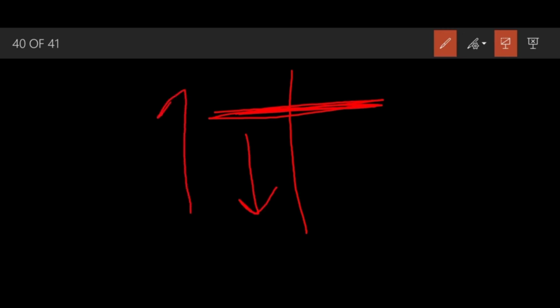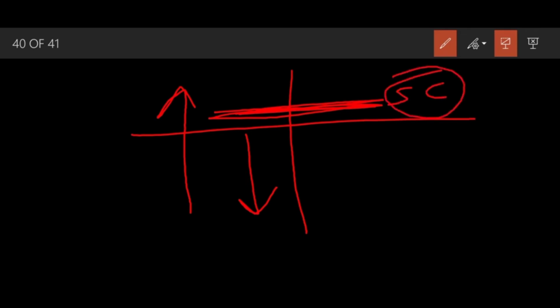If you go beyond this point, then your efficiency will be low. If you keep it below, then your efficiency will be high. So this point is known as standard cost.